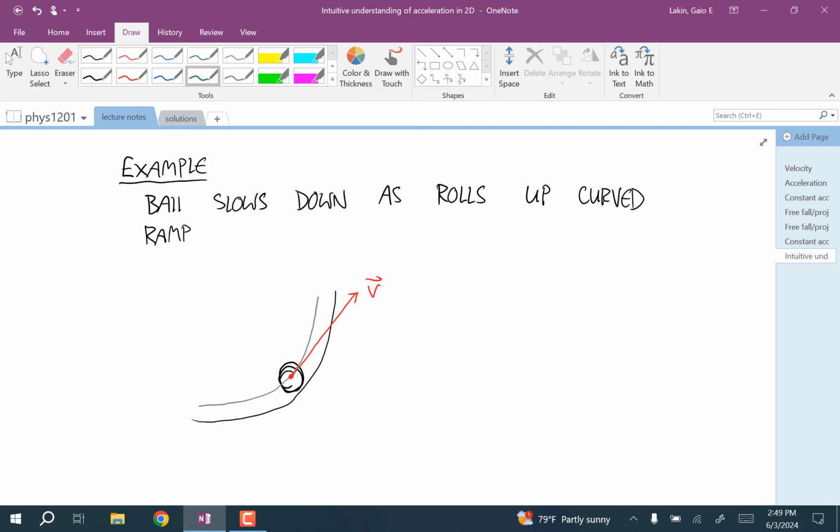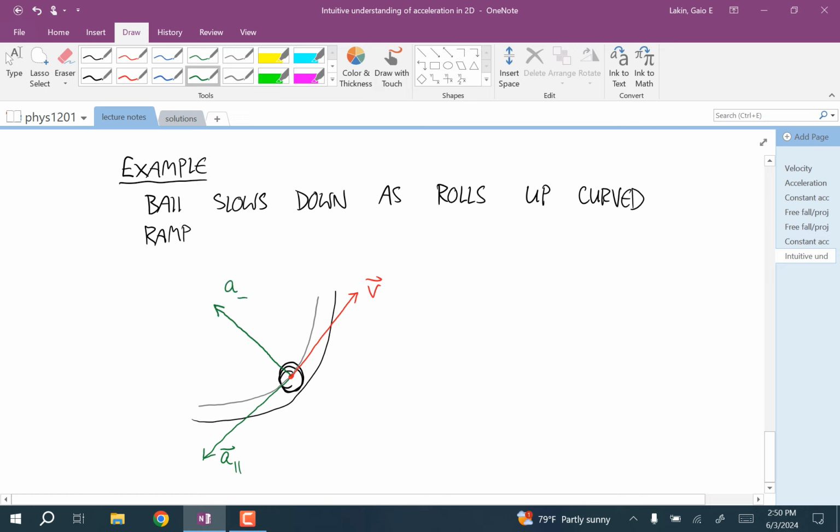It's slowing down. And so if it's slowing down, A parallel has to be opposite of the velocity vector. So there's A parallel. Next, it's moving from lower to higher along this ramp. So which way do you have to turn the steering wheel to get this to stay along the path instead of continuing along the velocity? The answer is you have to turn the steering wheel this way.